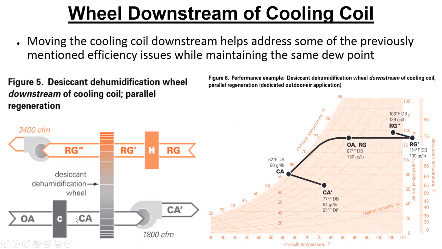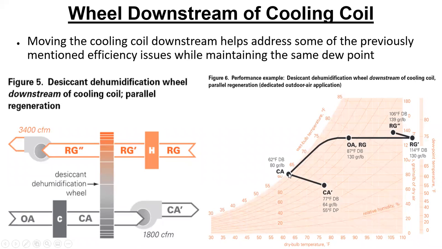Let's just do the cooling coil before, and now we're coming off here at 62 and 80. The cooling coil took us from 130 grains per pound down to 80. So the coil took out 50 grains per pound by condensing it. We obviously have a wet coil, which helps that situation. So this is a better arrangement.